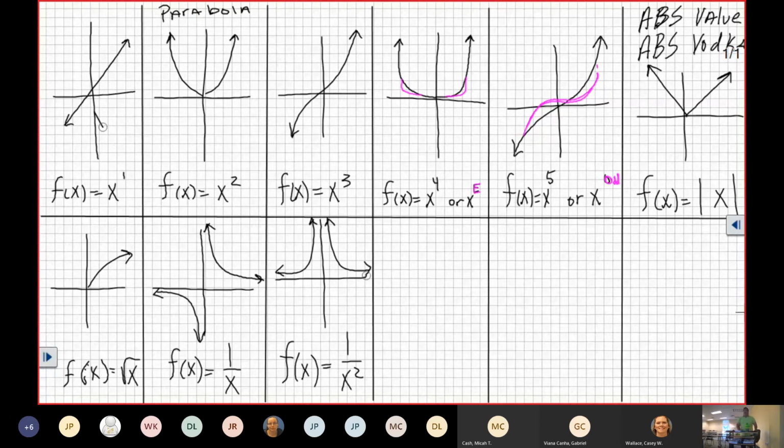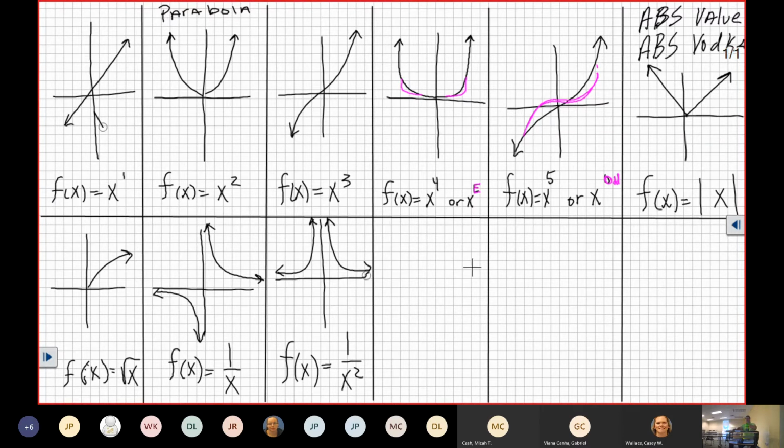This is a very important page because you get to see the basic model. The basic model of x to the first is a line. The basic model of x squared is a parabola. The basic model of x cubed is that, and so on. So when I show you a polynomial, you know what the graph looks like just because you've got the sheet in front of you.